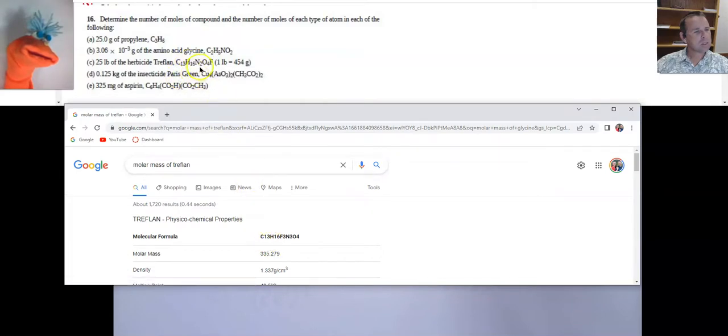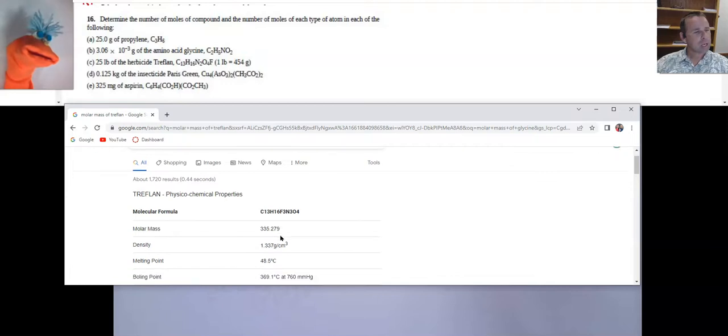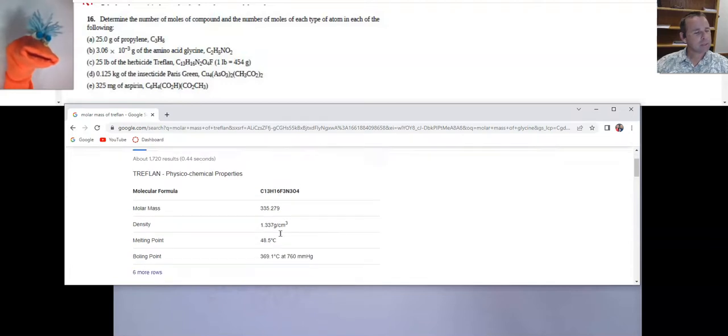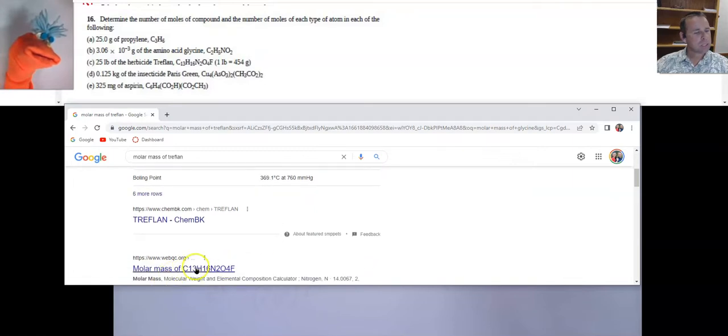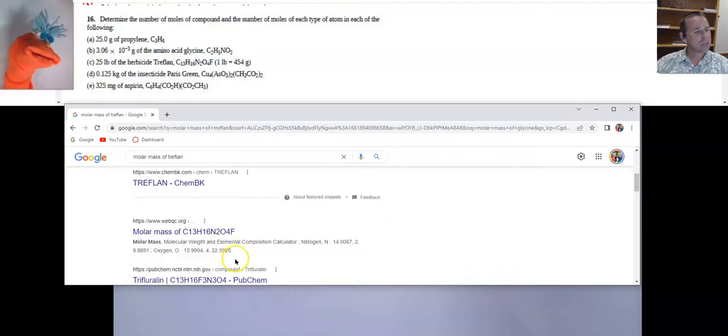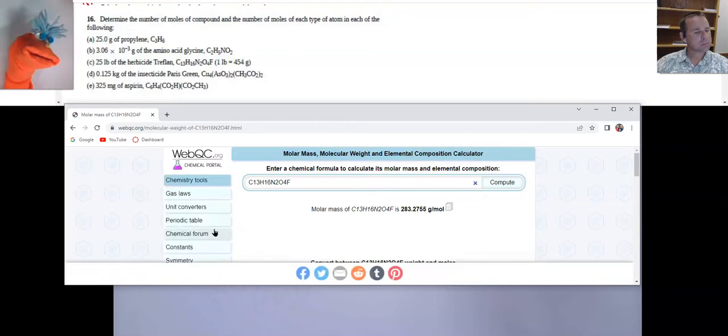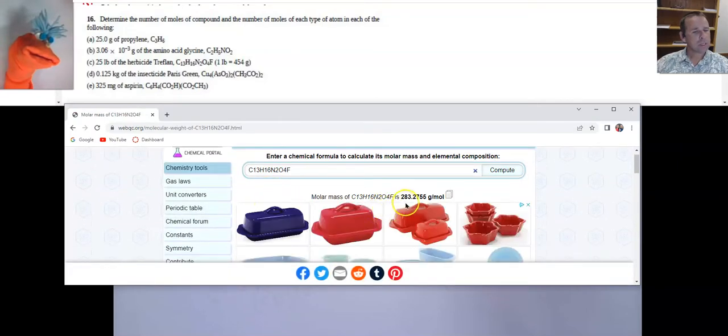C13H16N2O4F3. So, not quite the chemical formula that they gave us. C13H16N2O4F3, there it is. So this one here has a molar mass of 283.275.